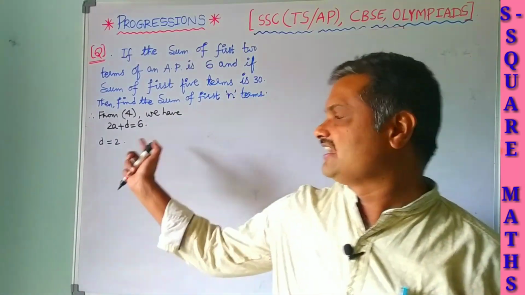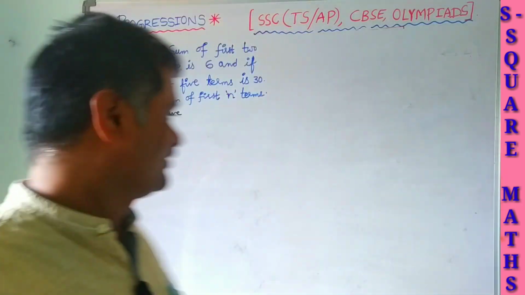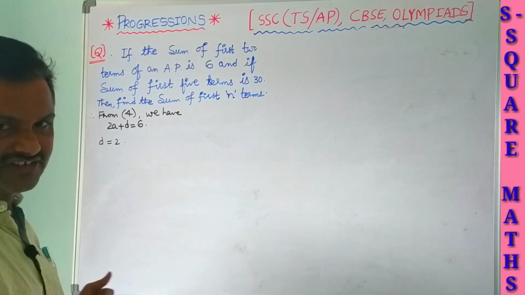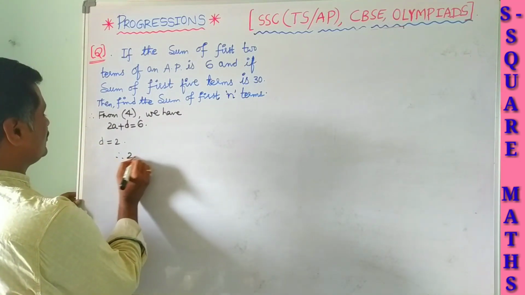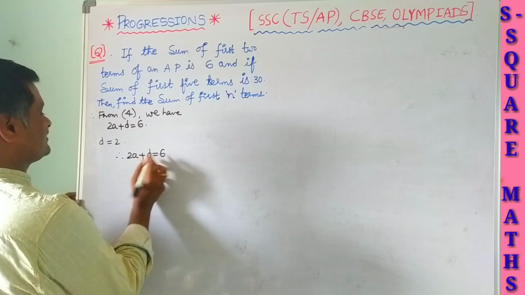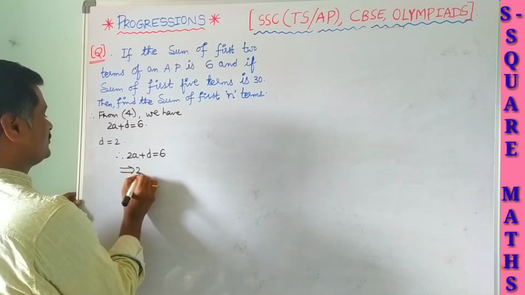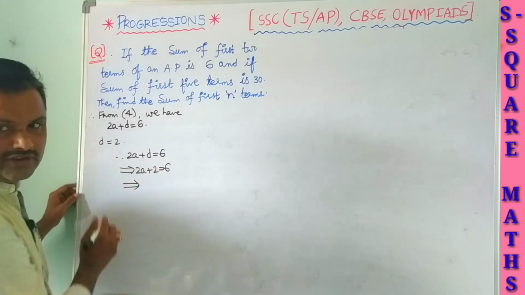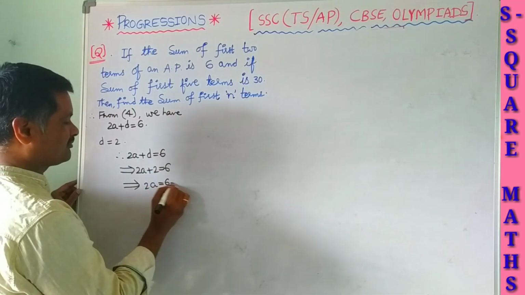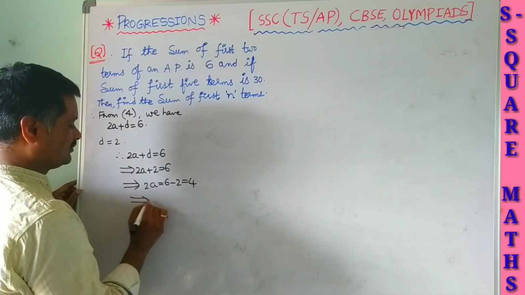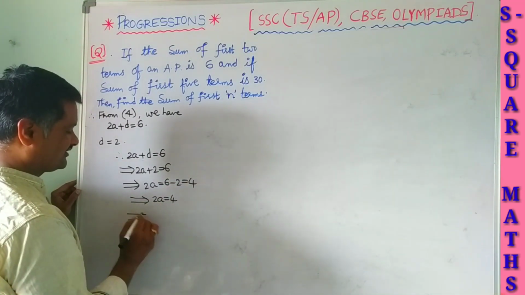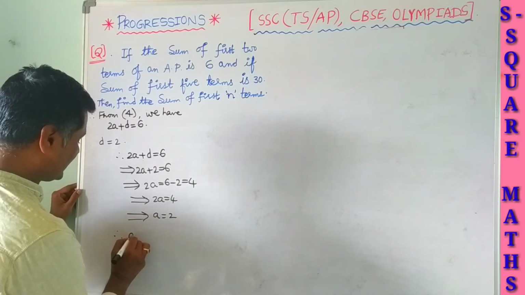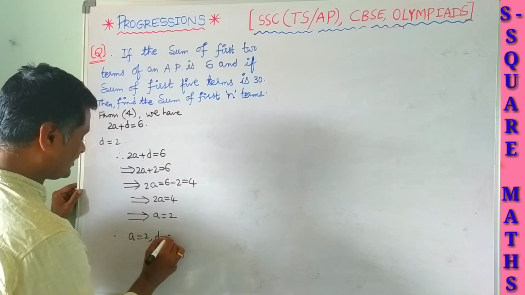Now we take the 4th equation. 2a plus d is equal to 6, substituting d is equal to 2, so 2a plus 2 is equal to 6. 2a is equal to 6 minus 2, nothing but 4. So 2a is equal to 4, which implies a is 2. Therefore a is equal to 2 and d is also equal to 2.